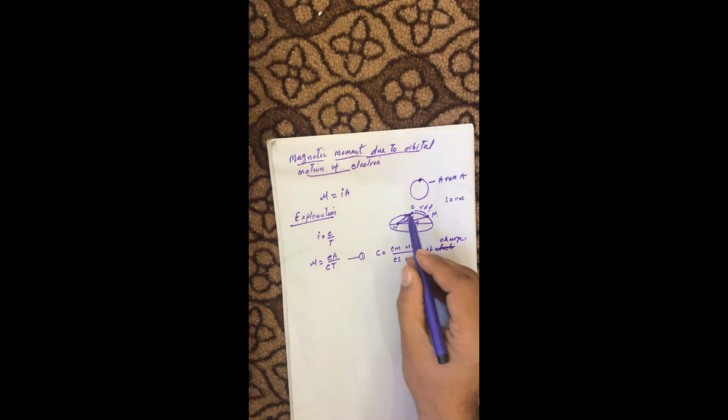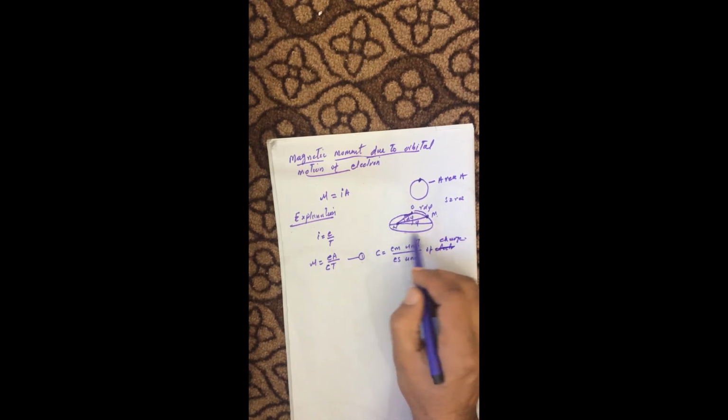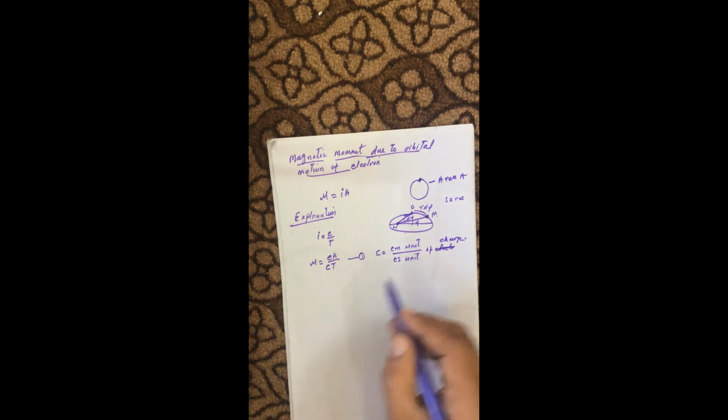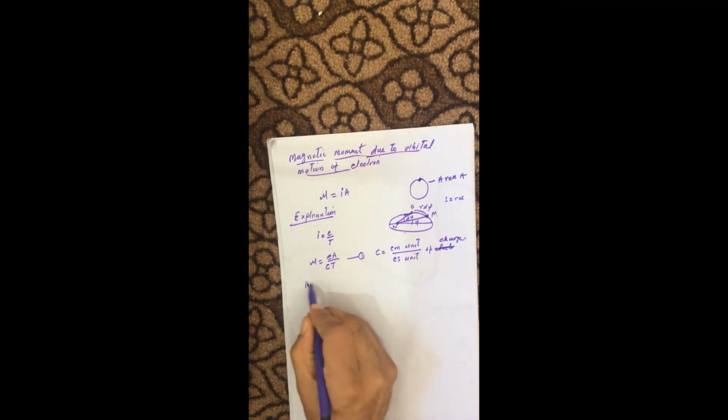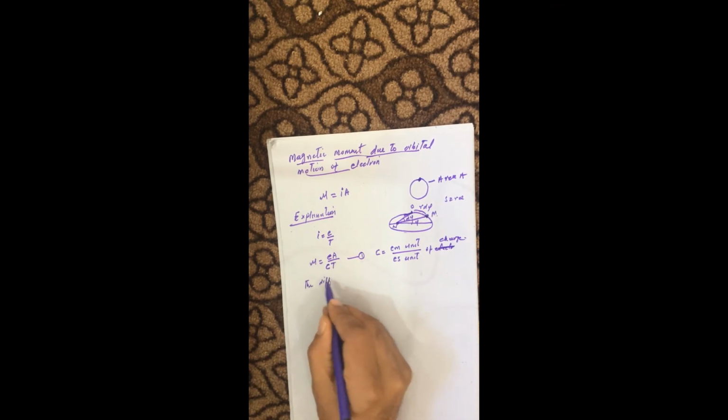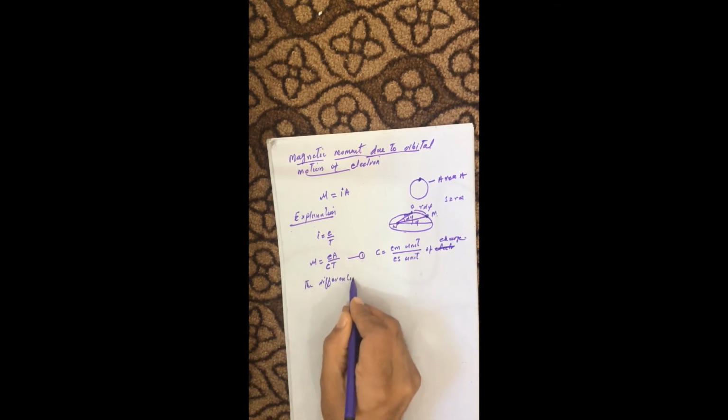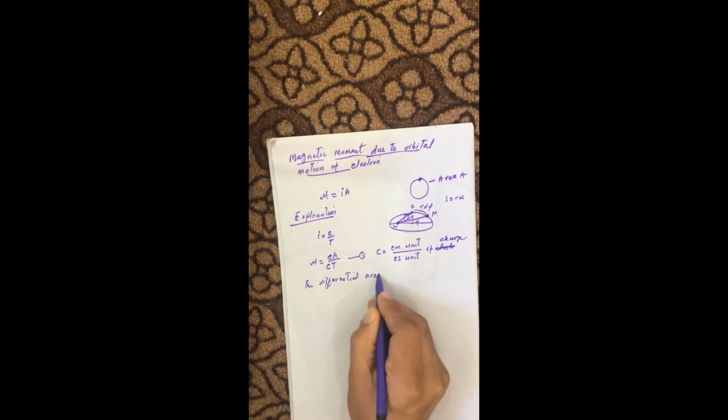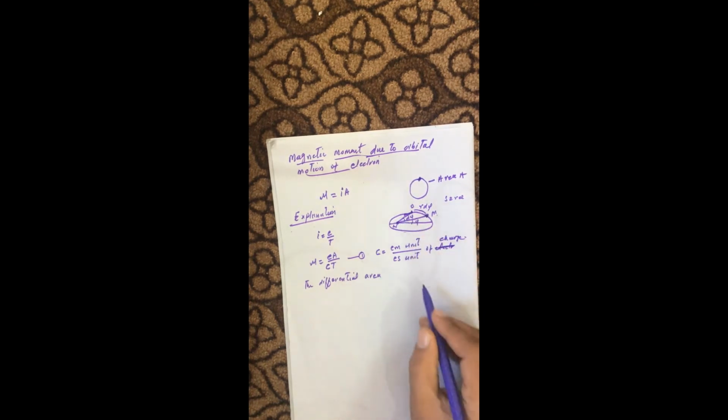The area swept by this electron in one revolution, like if an electron started from point M, completes one revolution and reaches point M again, is basically the area of this elliptical orbit. Now the differential area, I will draw it again here.